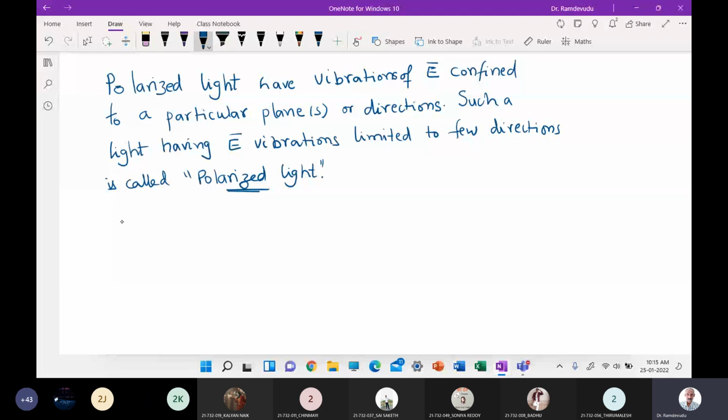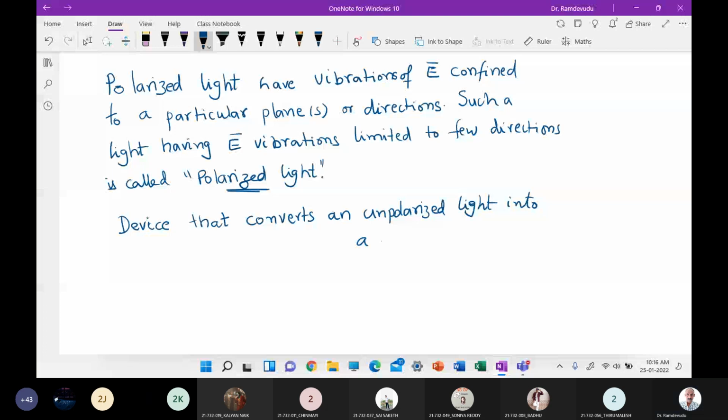That device that converts an unpolarized light into a polarized light has a name: it is called a polarizer.